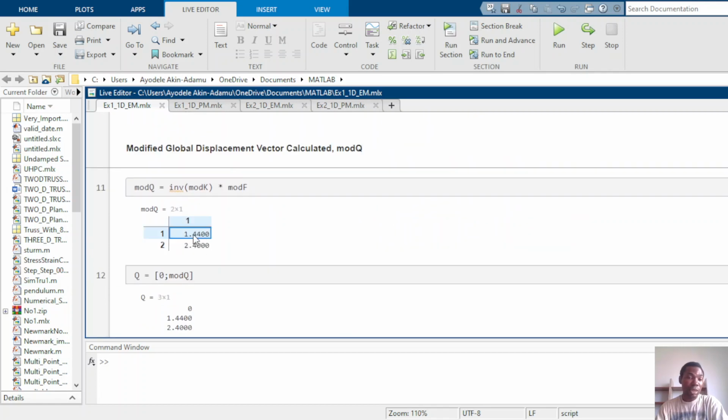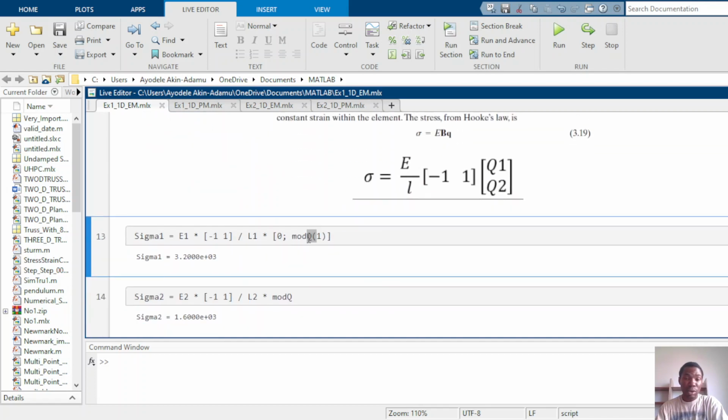This 1.4 is the displacement at node 2. So I'm extracting 1.44 from mod Q using this. So I've written this code, but I should run it. I get my stress in element 1, sigma 1, to be equal to 3,200 megapascal or 3,200 Newton per millimeter square.